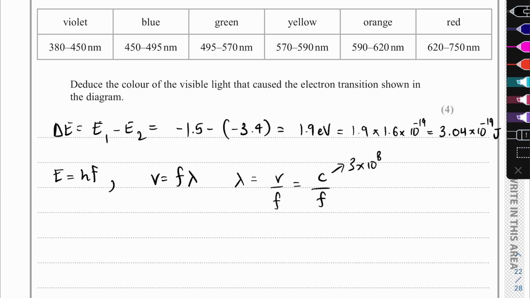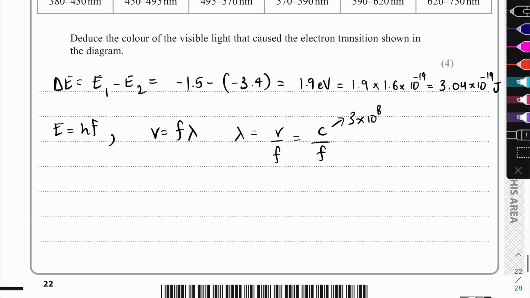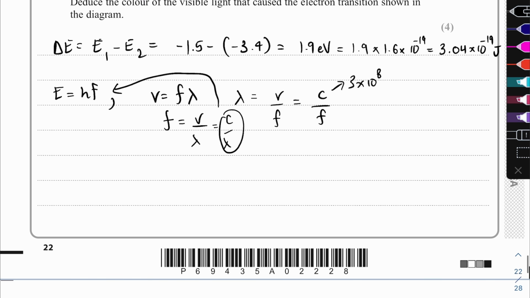All right. So what should we do here? We need to find lambda. We have f. So now we should first rearrange to find c over lambda, and substitute this into this equation. So we have E equals hc over lambda. And now we can rearrange to find lambda. So this will give us lambda equals hc over the energy.